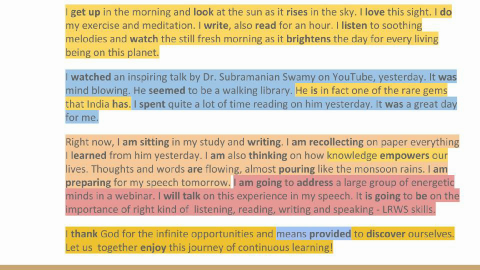And then the dark pink talks about what is going to happen, the future, right? And again, the last one is talking about the present, which is again fact. I thank God, right? So that's how we mix different tenses in order to bring out the complete meaning of what we want to say when we are making speeches or writing paragraphs.